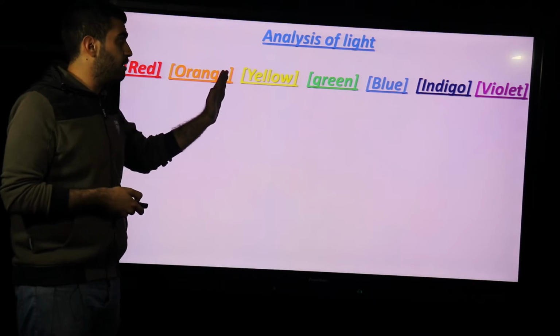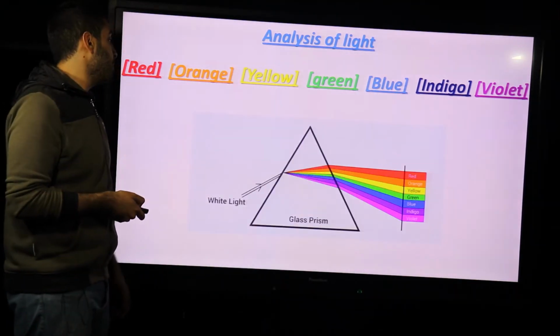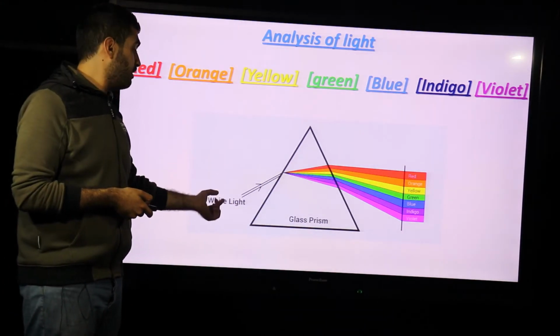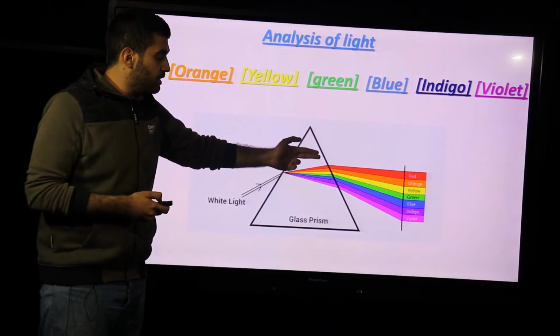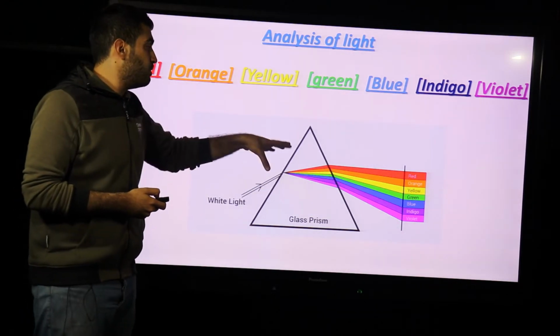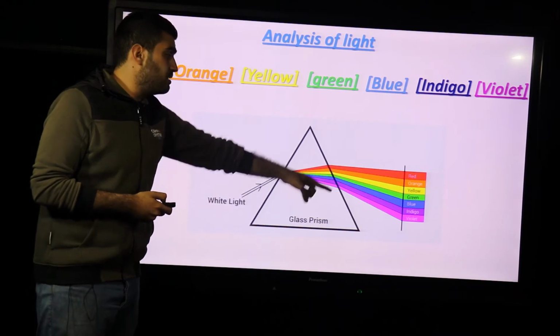They must be in sequence. By using a glass prism, we can separate the white light into the 7 spectrum colors. The nearest one to the apex is red, and the nearest one to the base is violet.